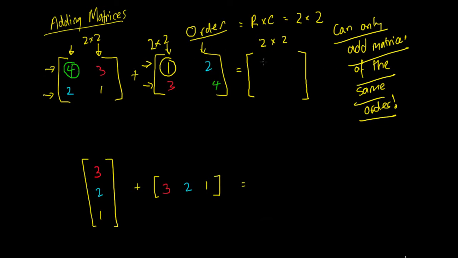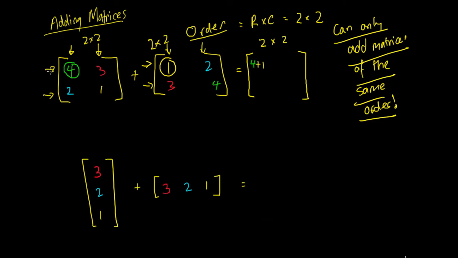We put that into our resulting matrix: our first row first element is 4 plus our second matrix's first row first element, which is 1. So that's 4 plus 1.